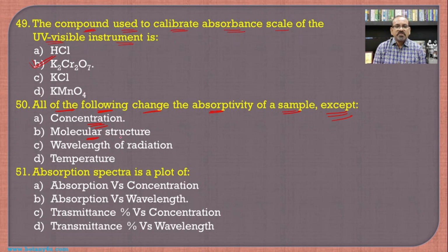Molecular structure is responsible for changing the absorptivity. Wavelength of radiation will also change it, and even a decrease or increase in temperature will also change the absorptivity. Hence concentration is the exception; the rest of the things are responsible for changing the absorptivity of the sample.